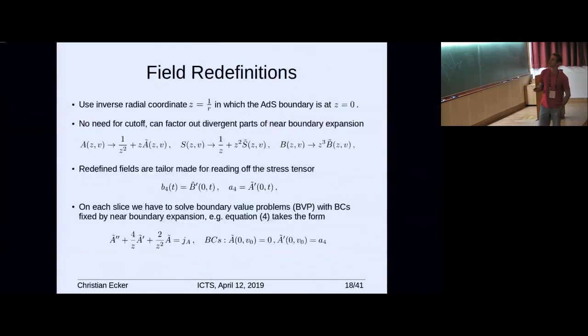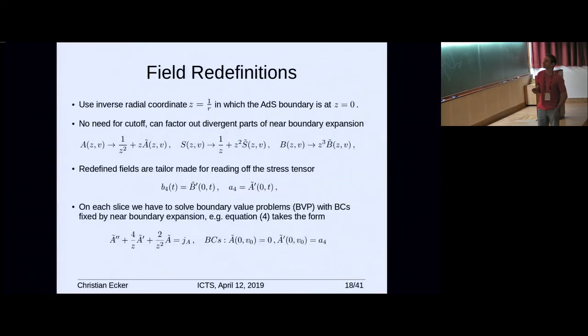Another step for these simulations is that you usually use this inverse radial coordinate, which brings the boundary to 0. Furthermore, you don't need to introduce a cutoff, so you can solve this problem numerically complete. This you can do by factoring out the leading divergences using the known asymptotic expansions of these fields.